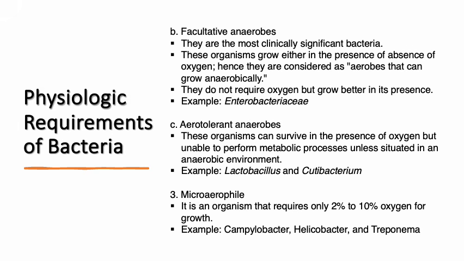Another type of anaerobes are facultative anaerobes. Here fall all the clinically significant bacteria under the facultative anaerobes. These organisms, by definition, grow either in the presence or absence of oxygen. Hence, they are considered aerobes that can grow anaerobically.